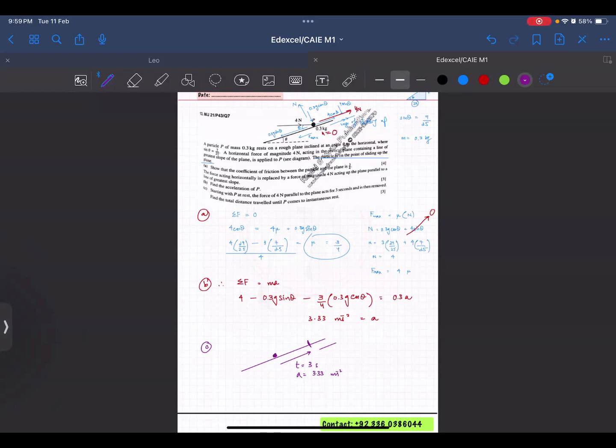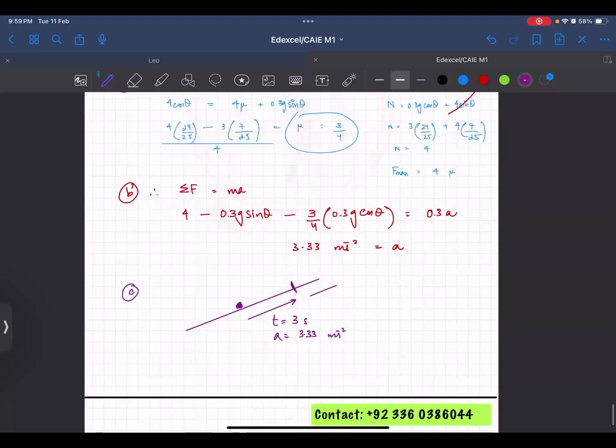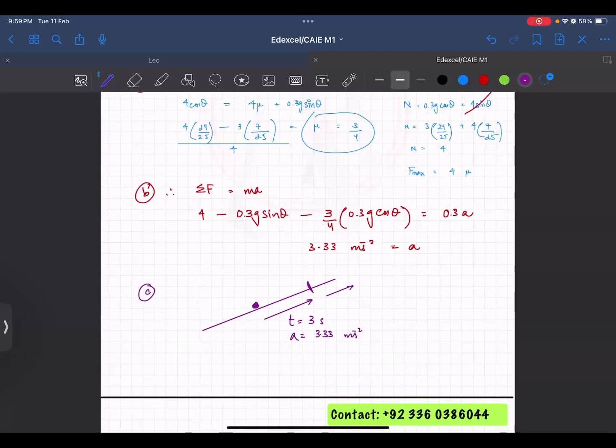There is now no force which is trying to push it upwards. Now the friction will try to stop the motion. So now for this part, acceleration would be negative. How much negative? We'll have to find that out. When acceleration is negative, it would try to stop the particle, and after a certain time it would be instantaneously at rest, and then it would start coming down.